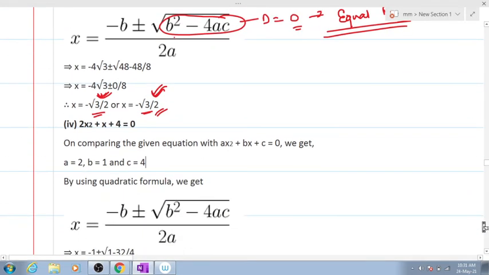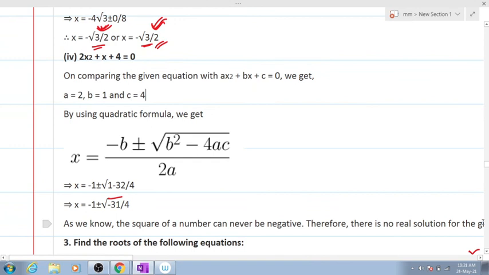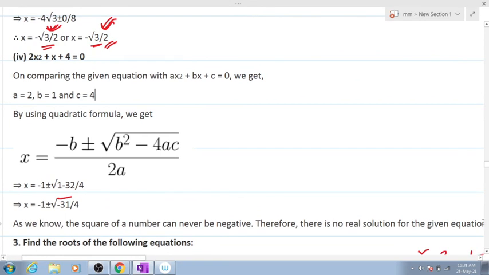Done. Over here you'll be getting no real roots because the discriminant is coming out to be negative. Yes, you see, this will be coming out to be minus root over 31. So negative, as you know, and I told you that when the discriminant is less than 0, you merely will be having no real solutions.